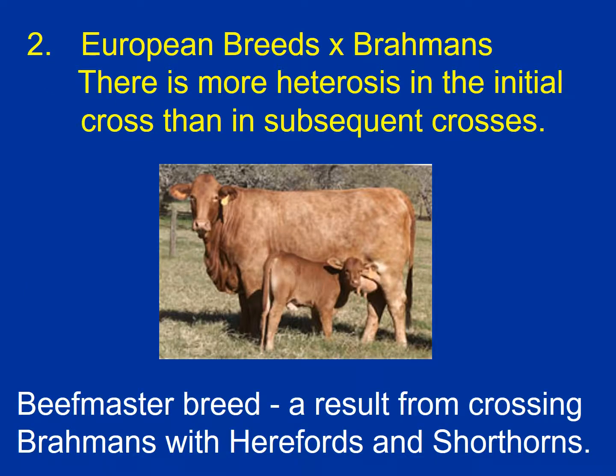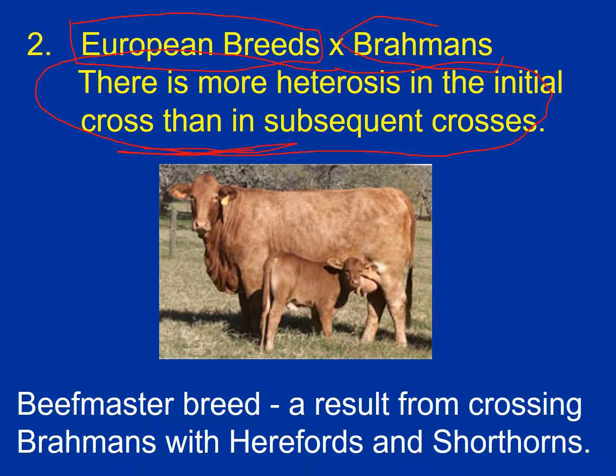Another species crossing system relatively popular is European breeds times Brahman. And you tend to get a lot of heterosis, especially in that initial cross, and maybe a little less heterosis as you cross from there. So anyway, European breeds developed in temperate climates, Western Europe and England. Brahmans were developed in hot, humid, tropical areas.